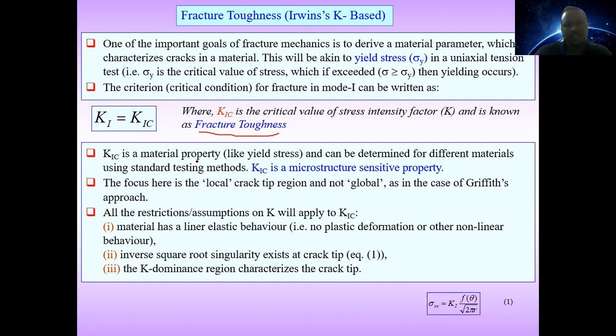K1C is a material property, like yield stress, and can be determined for different materials using standard testing methods. K1C is a microstructure sensitive property. The focus here is on local crack tip regions and not global.